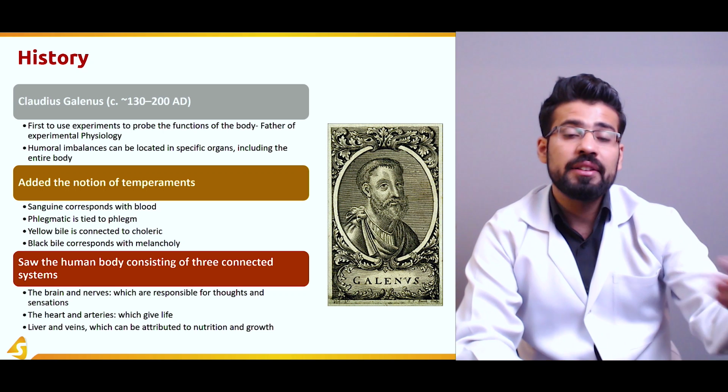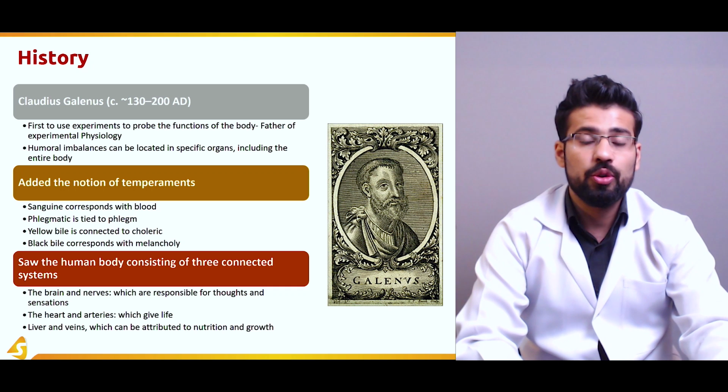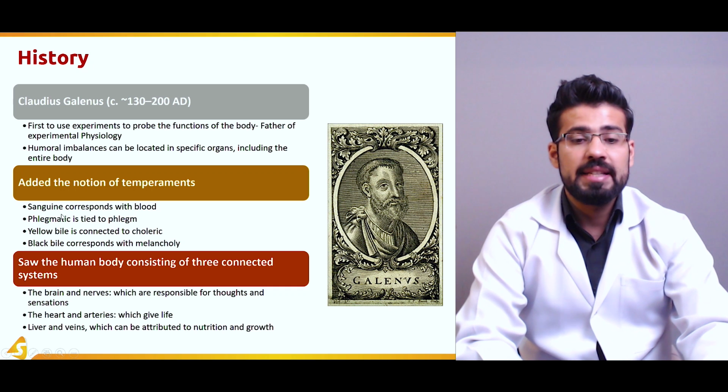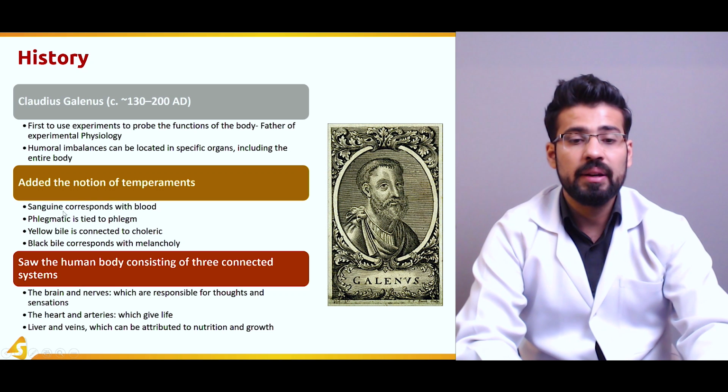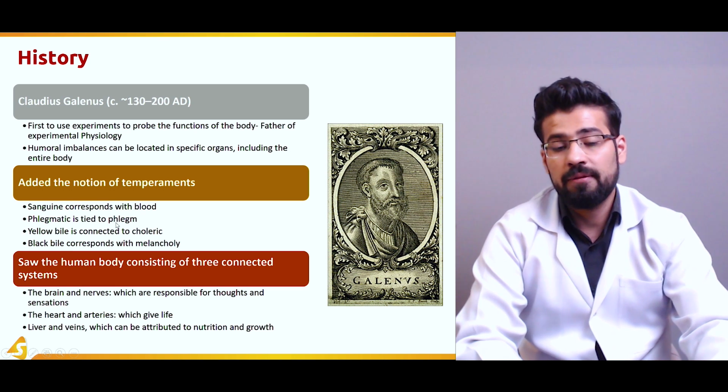He also established that the humoral imbalances established by Aristotle and Hippocrates can be located in specific organs, and including the entire body. And he added the notion of temperaments to those basic humoral body responses. Sanguine, or the happy feeling, corresponded with blood. Phlegmatic was tied to phlegm.